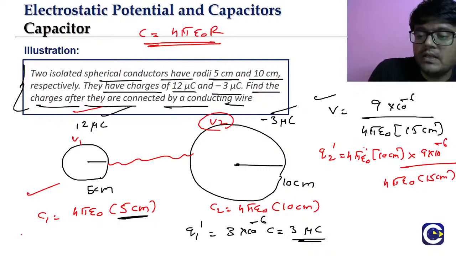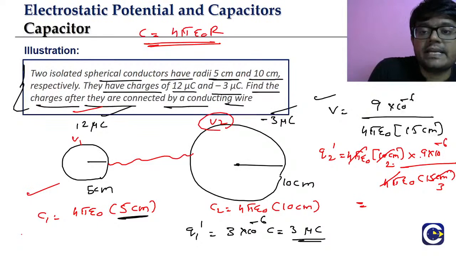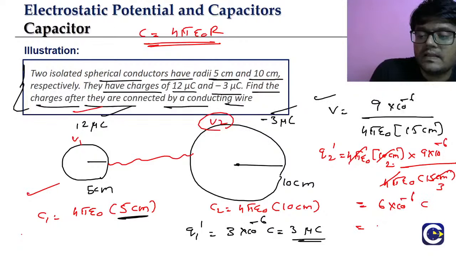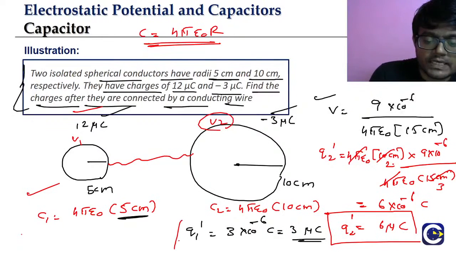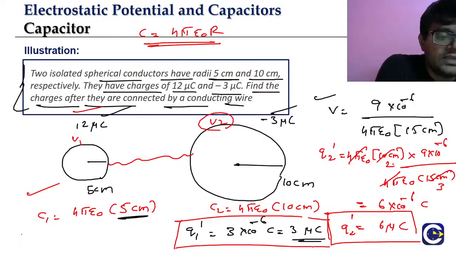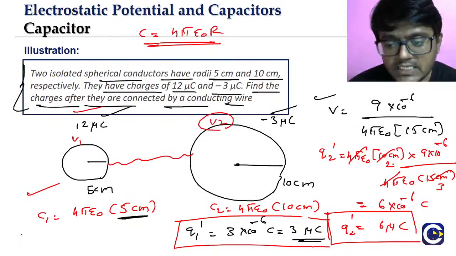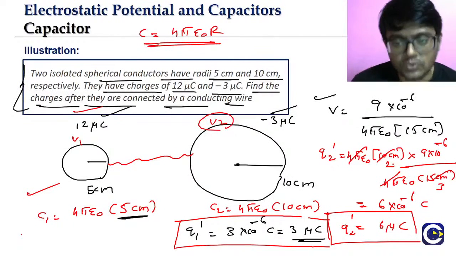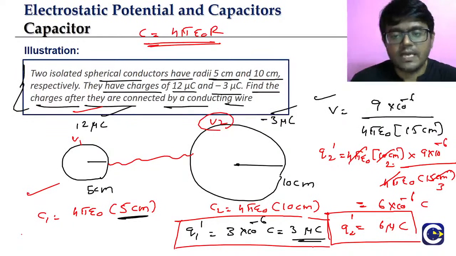Here 4 pi cancels, 2's and 3's. In the numerator we have 2 9s, which is 18. 18 by 3 means 6. So 6 microcoulombs. So the charge on the first conducting sphere is 3 microcoulombs, and the charge on the second conducting sphere is 6 microcoulombs. Okay? This is how we can calculate.